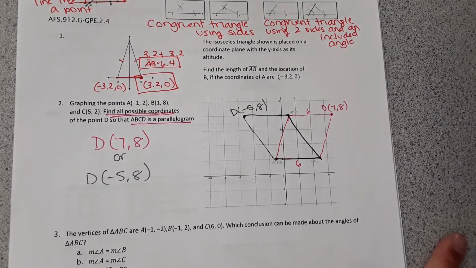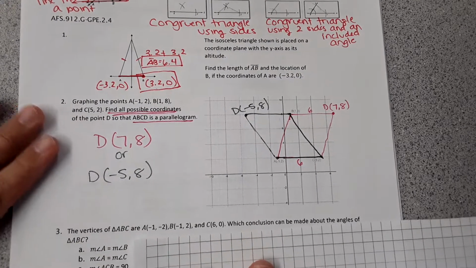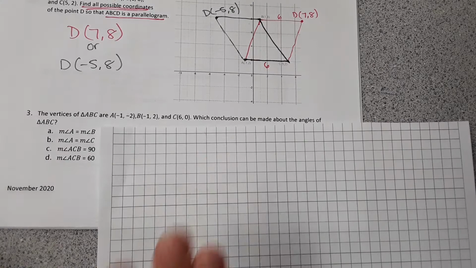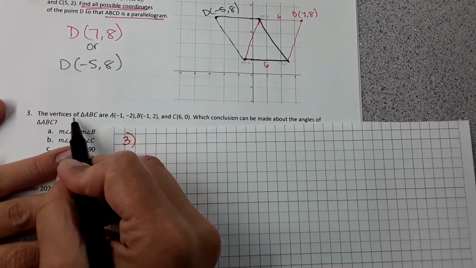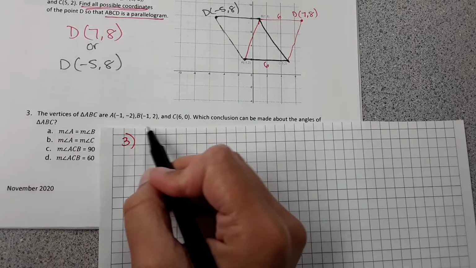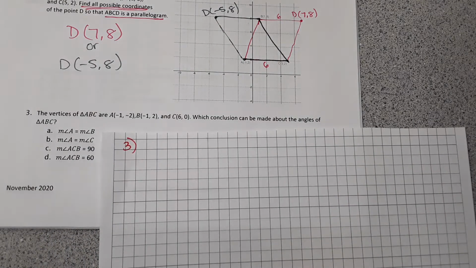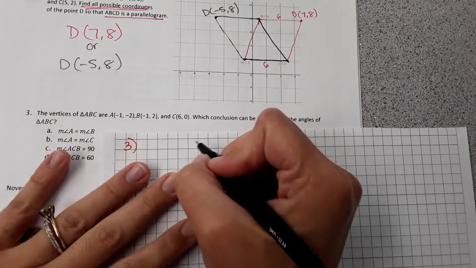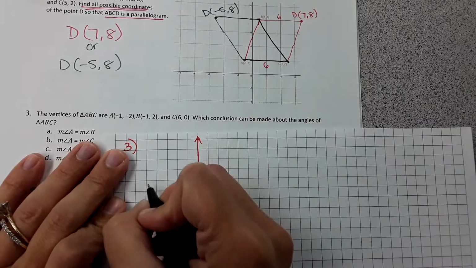Okay, so on your desk you have half of a piece of graph paper. There are a few that we need to graph for, and number 3 is one of them. So number 3 says the vertices of triangle ABC are these 3 points. Which conclusion can be made about the angles of triangle ABC? In order to get this right, you would have to graph it out on your scratch paper. So just draw a coordinate plane.